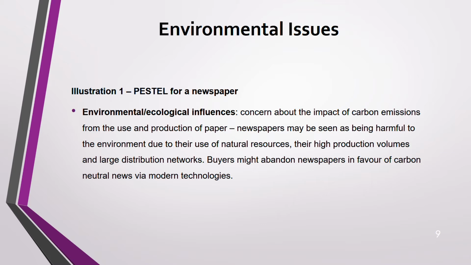High production volumes and large distribution networks are needed to produce newspaper. The newspaper that you read at home, don't think it comes very easily. For that newspaper to come to your home, it has to come through various sources. So many resources have been used, volumes are very high, large distribution networks are there, right?